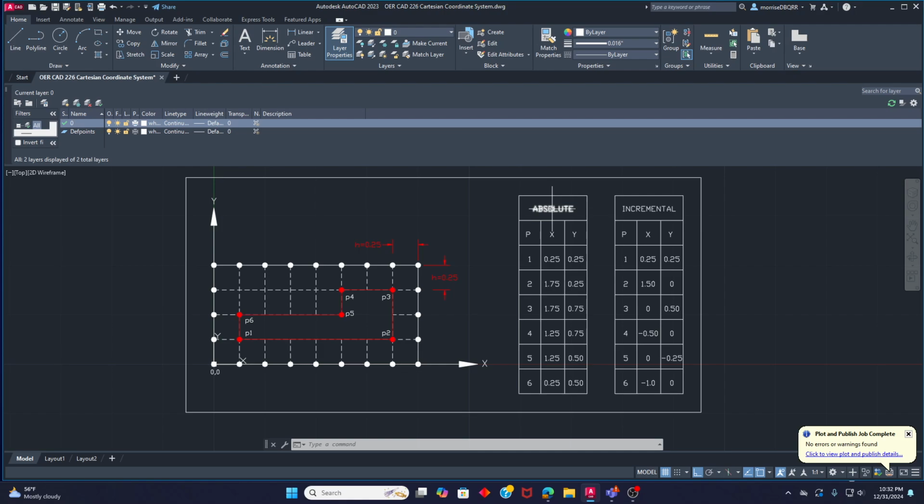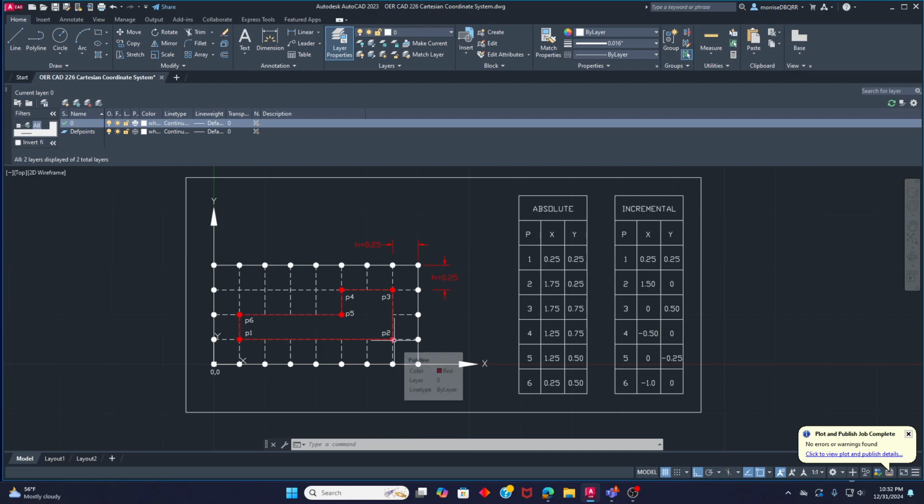Okay, so point 1 is going to be 0.25 in the X, just like before, and 0.25 in the Y. Now, to get to point 2, we're going to go from here to here. 1, 2, 3, 4, 5, 6. 6 times 0.25 is 1.5. So we go 1.5 in the X, but we don't go in the Y direction at all. We just go in the X.